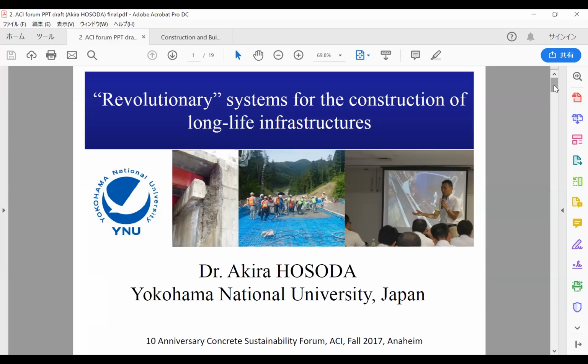Some of you belong to the concrete research laboratory, our laboratory, so you know that we can use numerical simulation tools for predicting cracking or crack widths. The level of numerical simulation technology in Japan is by far the top in the world.